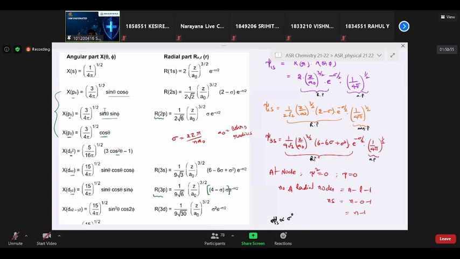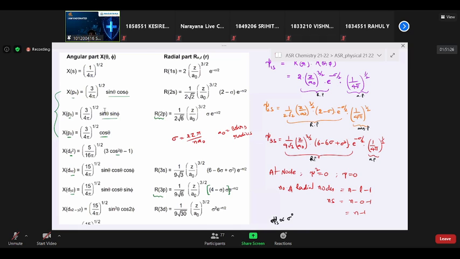For example, if you got the second orbit based on sigma terms, and it is cos theta dependent, it will be 2pz. If it is sin theta sin phi dependent, that will be the py orbital. If it is sin theta cos phi dependent, the px orbital.